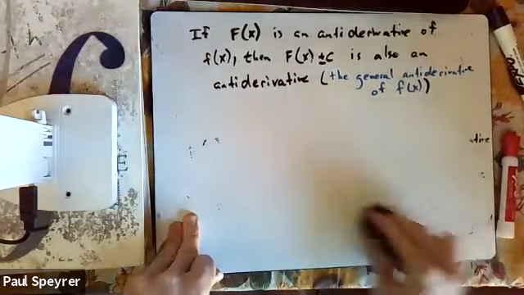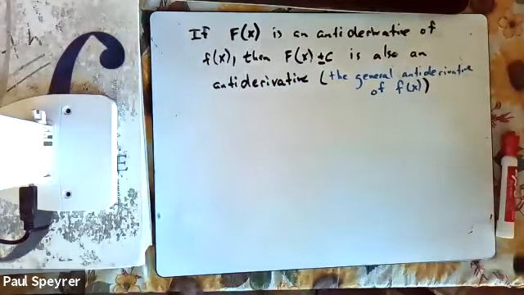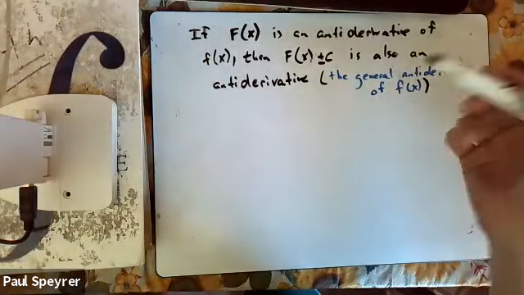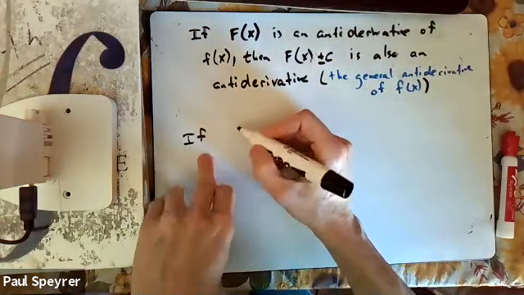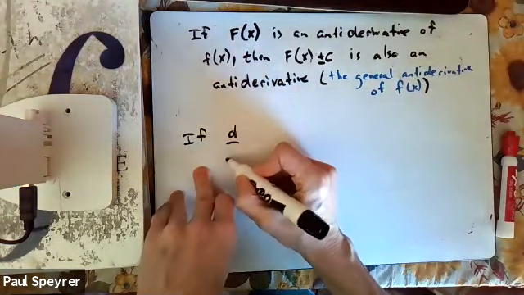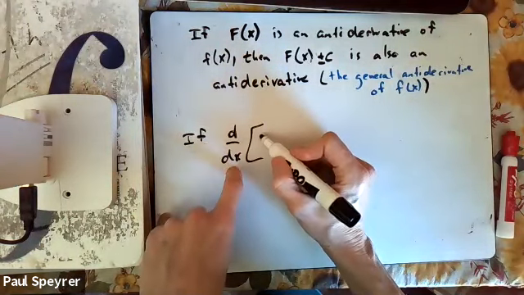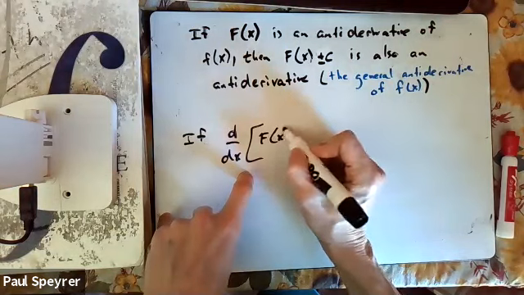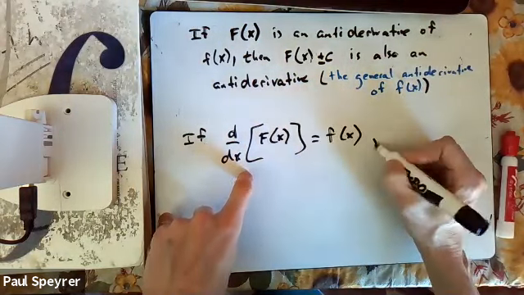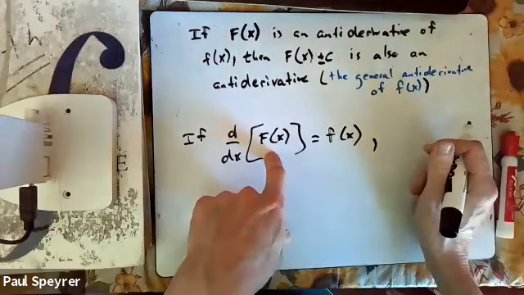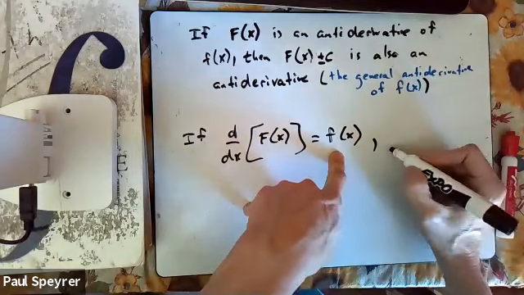Now another word that they use for anti-deriving is integration. So if d dx, remember that means take the derivative with respect to x, of big F of x is equal to f of x, right? This is us deriving the antiderivative, which equals the base function.